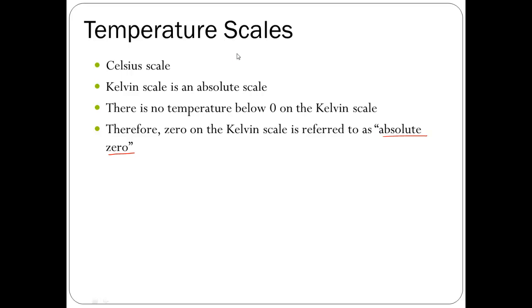This is going to come in real handy in our next unit on gases, because with gases we are going to be dividing by temperature. If the temperature is 0 degrees Celsius, you're dividing by 0.